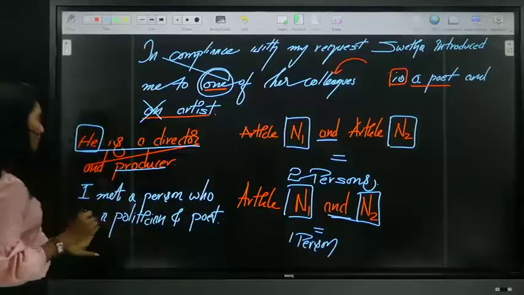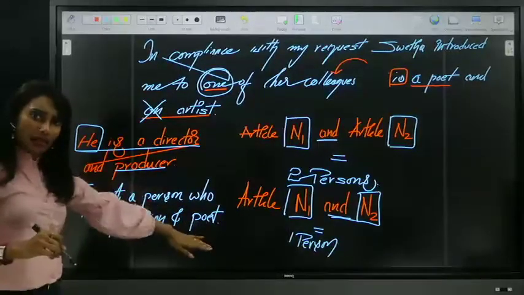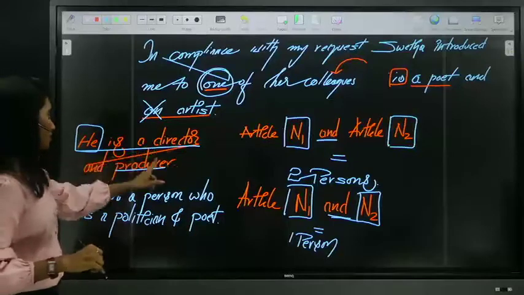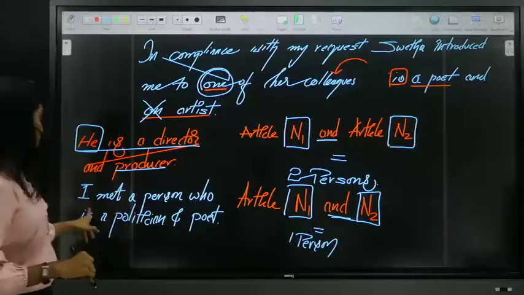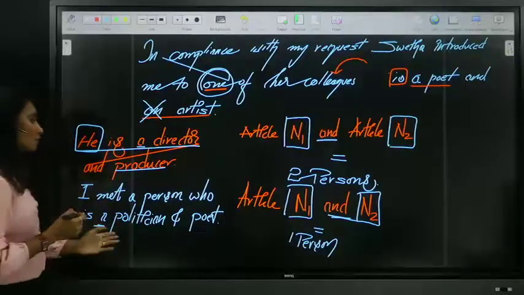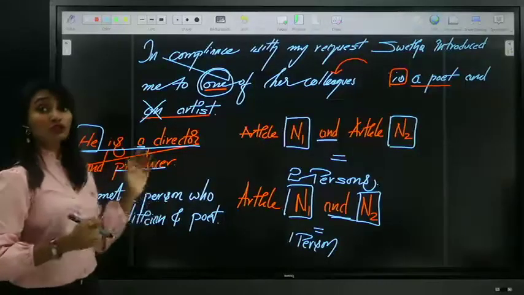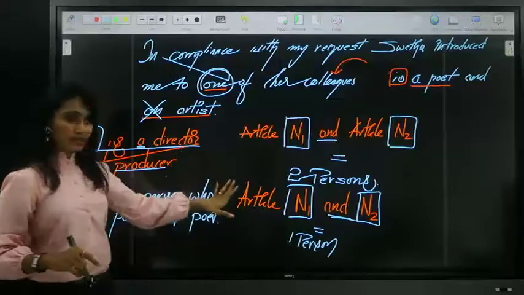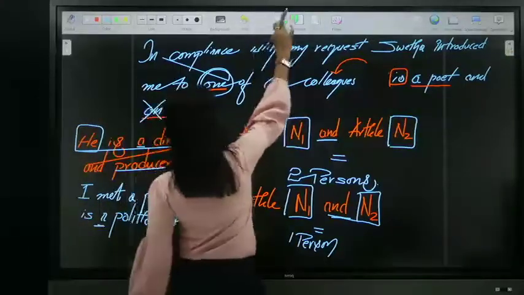That means the person who is politician is also a poet. The person who is director is also a producer because only one article is there. If there are two different articles, then it means two different persons. I hope that is clear to you. Let's move on to the next one.